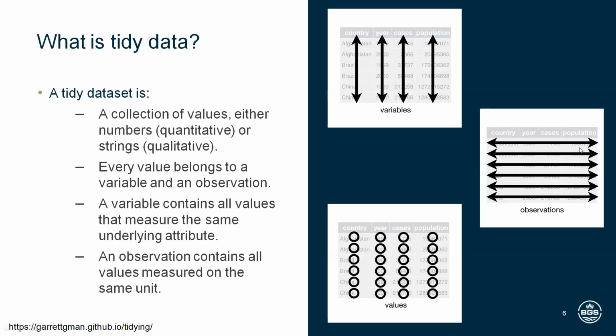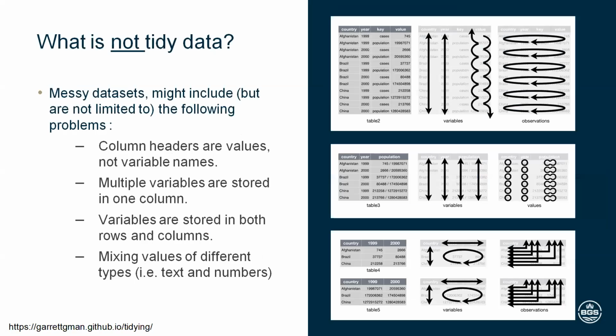So our observations are generally the rows within the dataset. And then a value sits within the cell within that dataset. And any deviation from this isn't tidy data. And it's this underlying structure of data that the Tidyverse basically uses throughout all its packages to work with data.